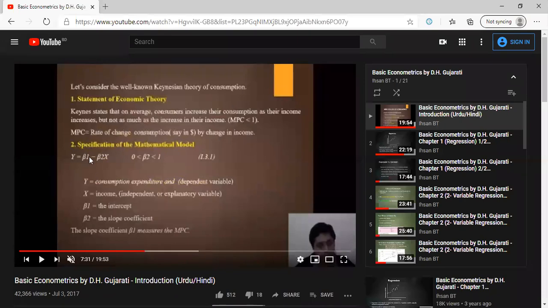Nobody knows the value of beta 1. Nobody knows the value of beta 2. If you don't know beta 1 and beta 2, can you draw the line? No. So the whole point of econometrics is to find beta 1 and beta 2 in such a way that you don't make big mistakes.